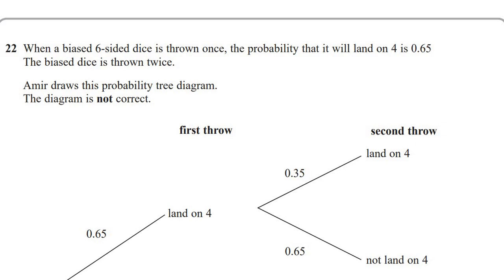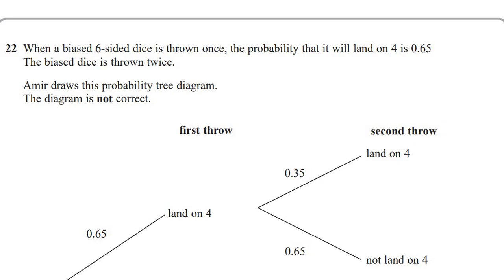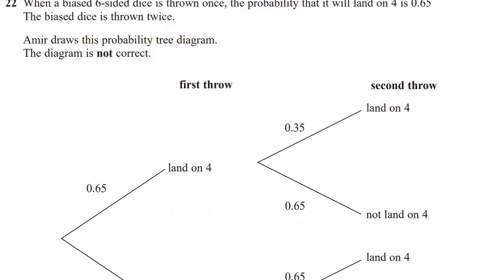Okay, now we have a probability question. So let's look at this carefully. Okay, so the probability that it will land on 4 is 0.65. Okay, so 0.65 land on 4, that's correct. And so the dice is thrown twice.